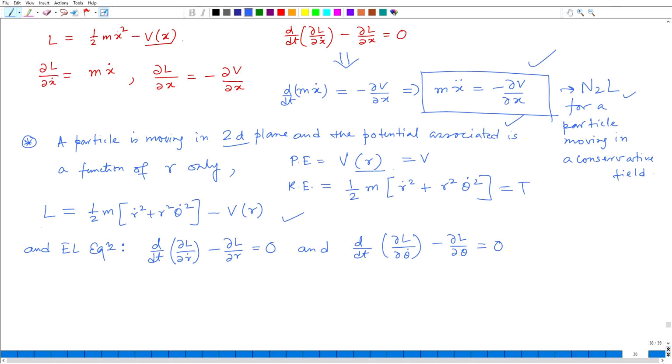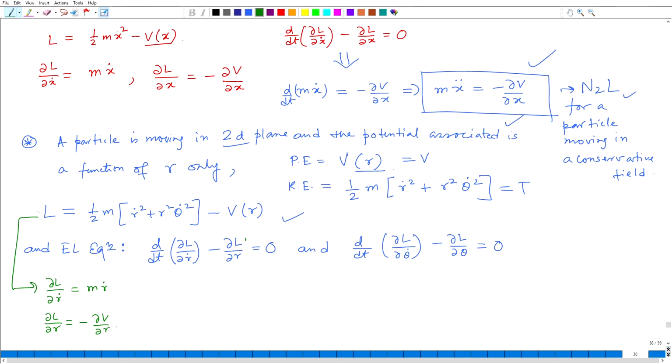Okay. I can directly find from this equation what is del L del r dot? That is again m r dot. Okay. What is del L del r? Once again that is minus del V del r.